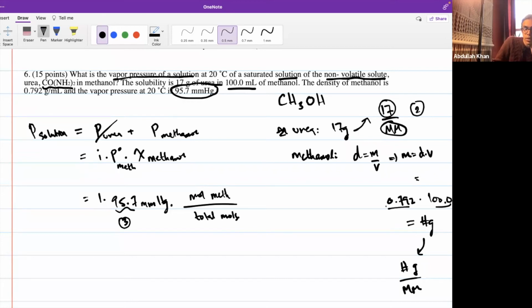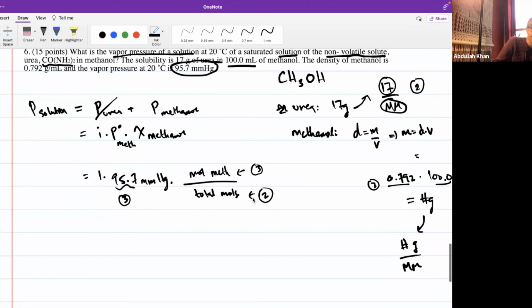That's 4. So the minimum there is 3. But then when you figure out the total, the methanol goes up here, which is 3. Stuff goes down here, but it involves a 2. Yep, 2 is the smallest sig fig. So you're trying to minimize the number of sig figs because this is all multiplication, so that would be 2. Yep. Round your final answer to 2 sig figs.